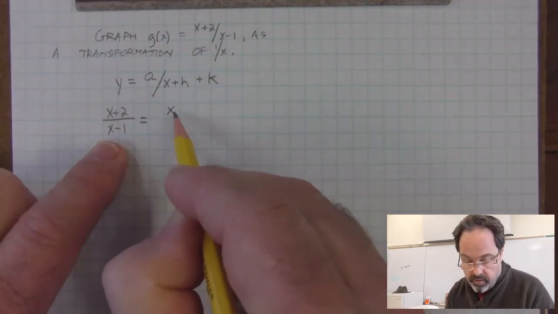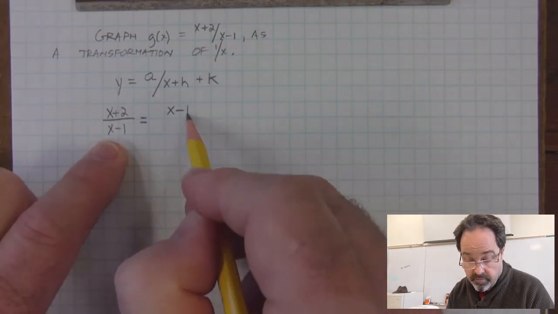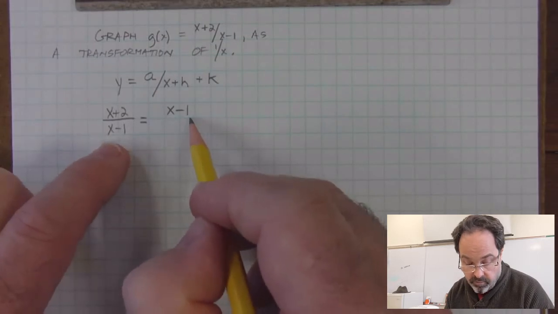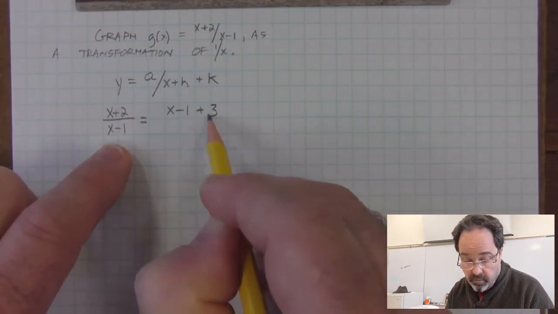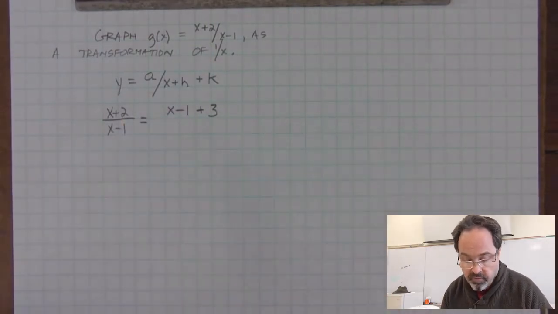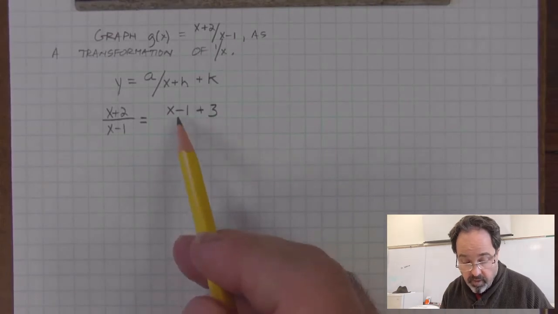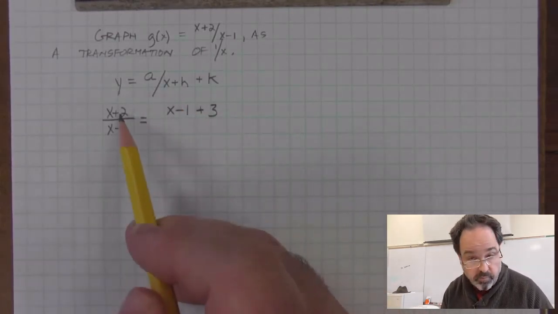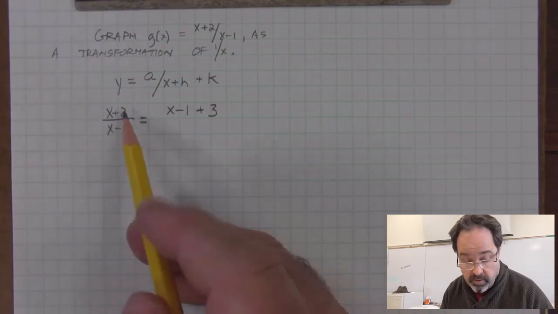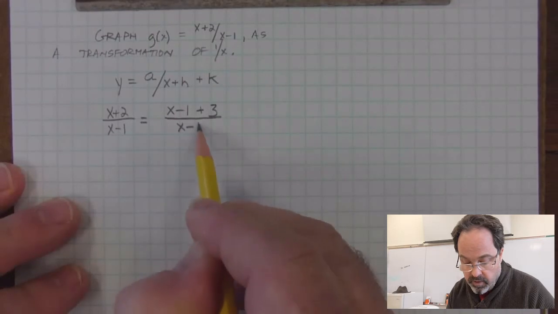In other words, I want there to be an x minus 1 in the numerator. And that's easy to do if I include a subtraction of 1 and then put the plus 3 over here. It's as if I've broken up the 2 to supply what I need for this negative 1, but of course I still have in the numerator that which is equal to what I started. And I'm still showing this over x minus 1.